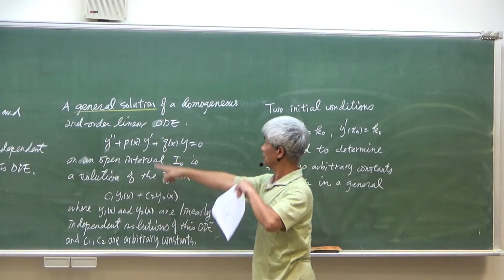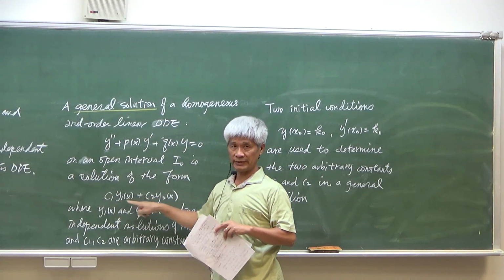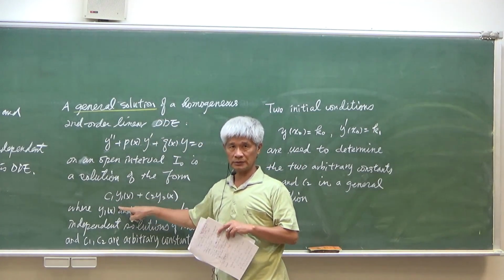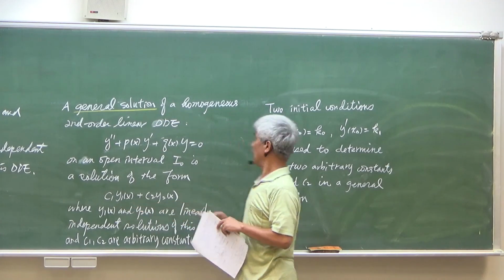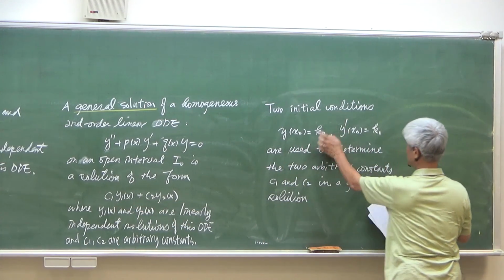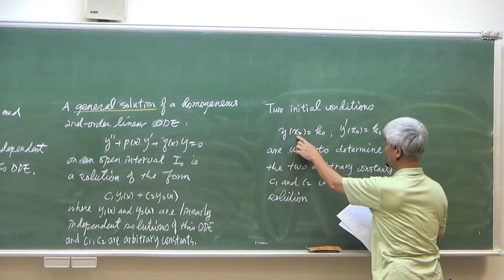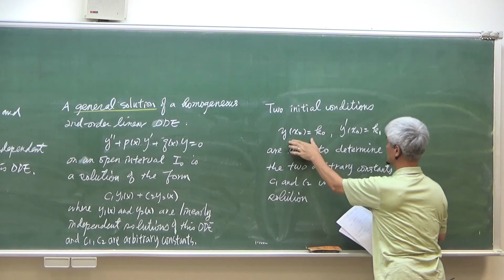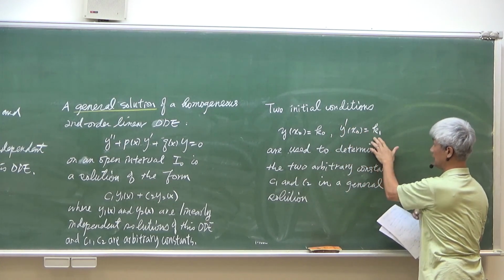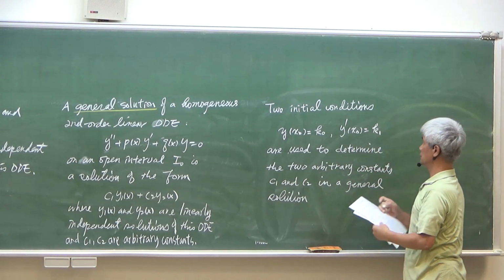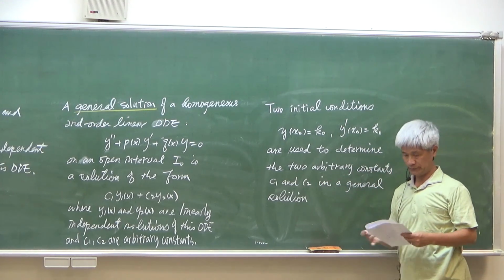The general solution has two arbitrary constants, C1 and C2, so we use two initial conditions to determine C1 and C2.